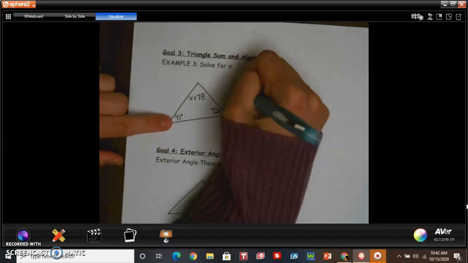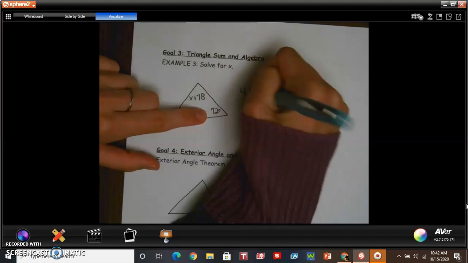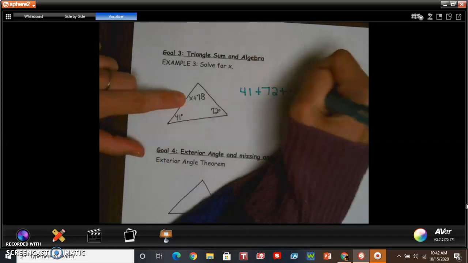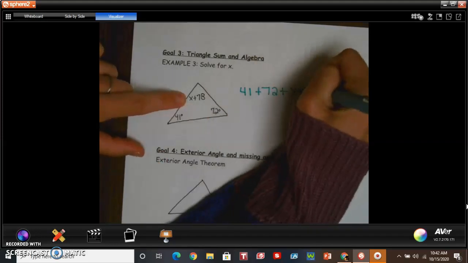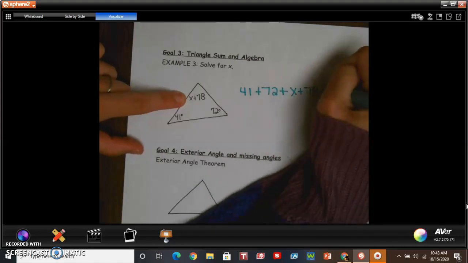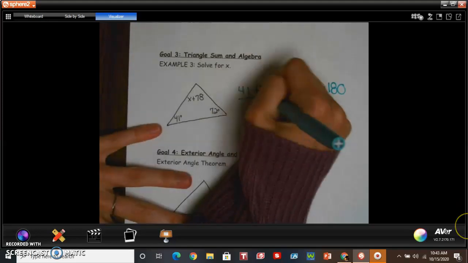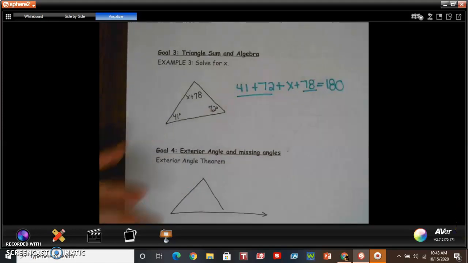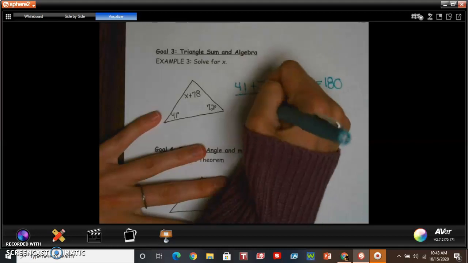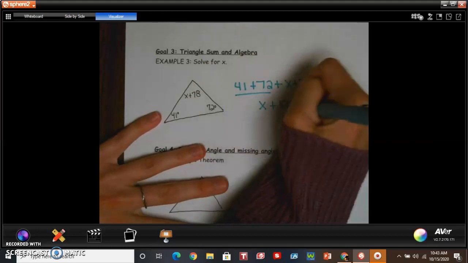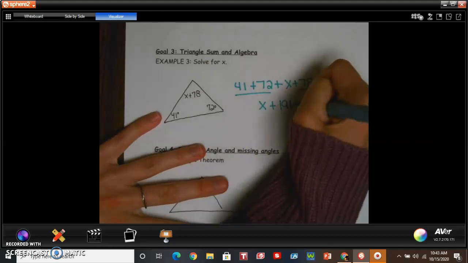We have 41 plus 72 plus x plus 78 equals 180. All right. Again, this is all about combining like terms and solving for x. So we're going to take 41 plus 72 plus 78, and I get x plus 191 equals 180.